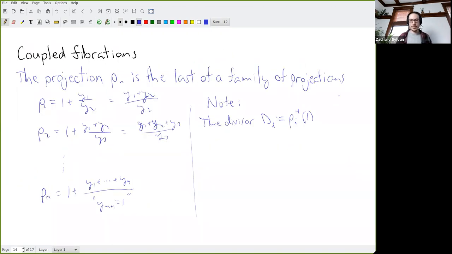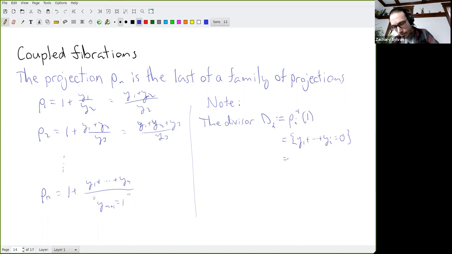This is a general thing which happens. The rho_i inverse of 1 is, well, if rho_i equals 1, then this is saying just y1 plus up through yi equals 0.